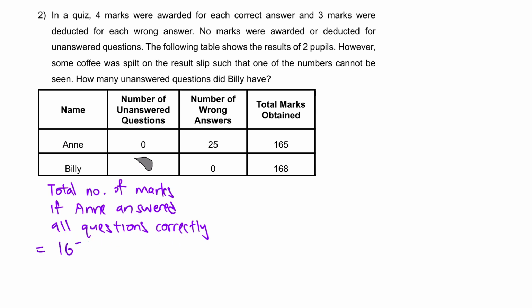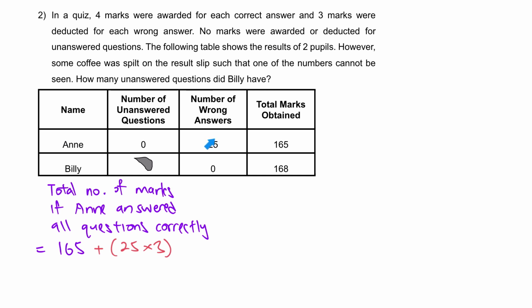So we start with 165. If she didn't get these 25 questions wrong, we will need to give her back the 3 marks that were deducted. Correct? So we're going to add back the 25 times 3, which is 75 marks. Not to forget, not only she wouldn't lose these 3 marks per question, if she happens to get them correct, she will gain another 4 marks per question.